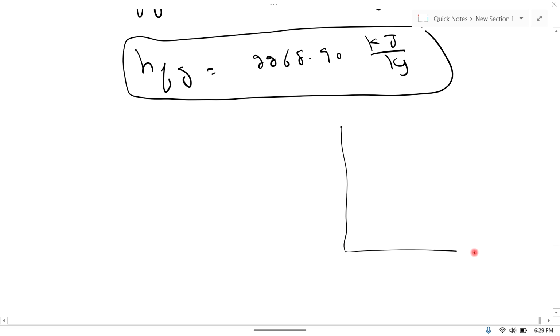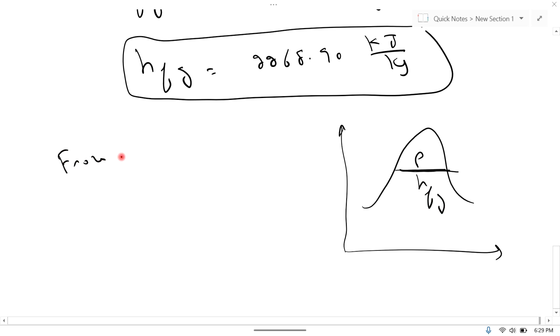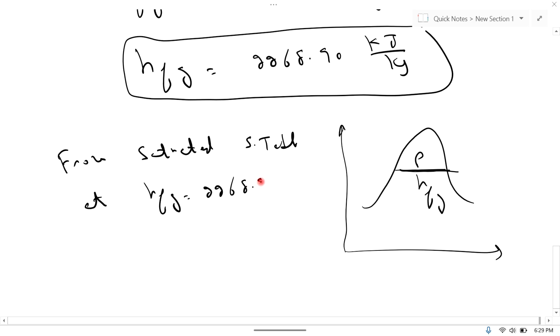So we know that the latent heat of vaporization is h_fg. Here the pressure is the saturation pressure. So find the saturation pressure at h_fg from the saturated steam table, at h_fg equal to 2268.90 kilojoule per kg.